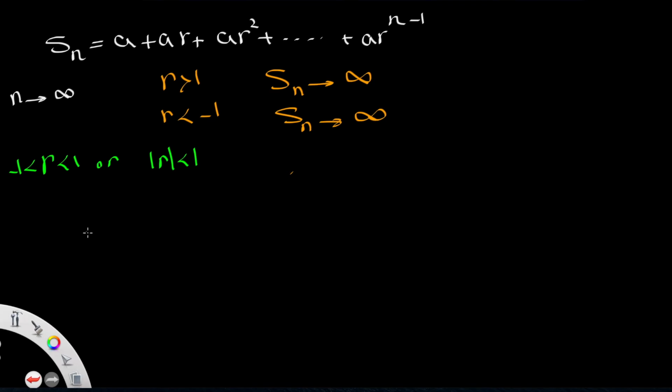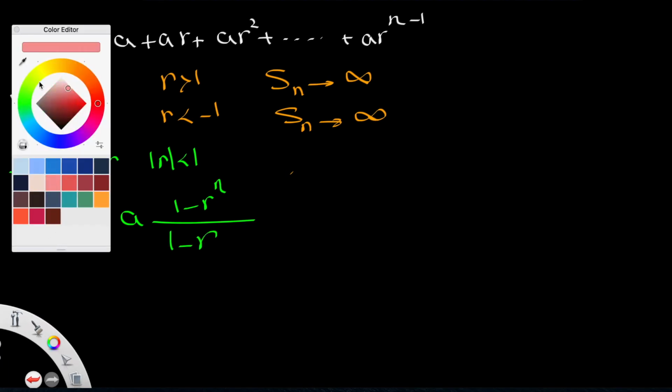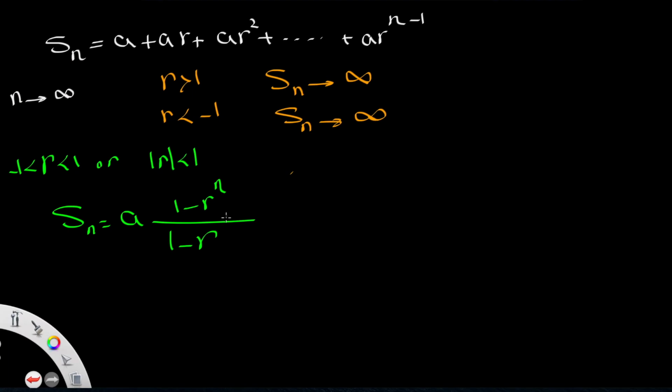We already know Sn is a times 1 minus r to the power of n over 1 minus r. When you have a number between 1 and negative 1, like half, negative half, 1/3, 1/5, when the power increases, the whole fraction will reduce. When n tends to infinity, then the fraction will tend to 0.